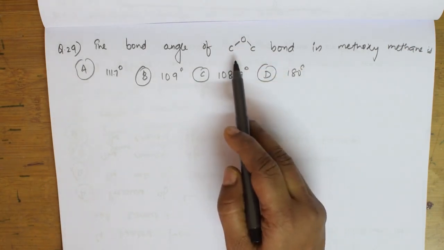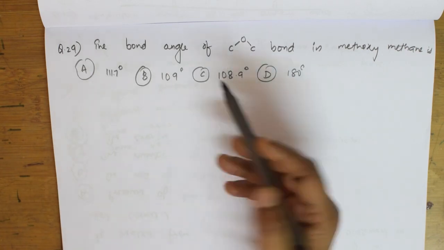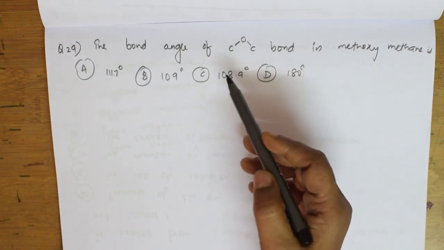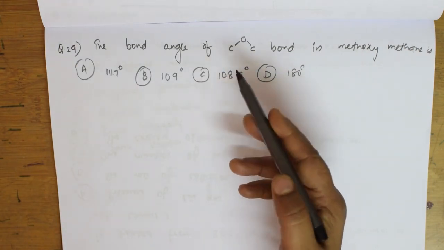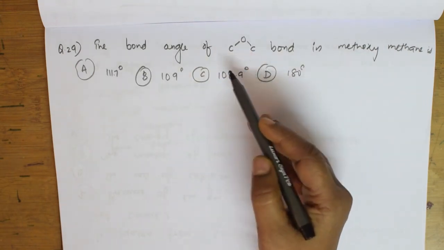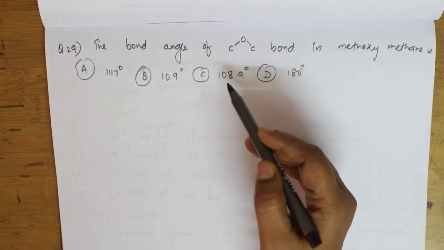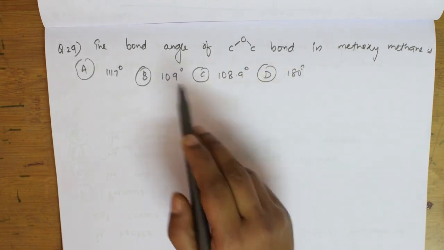To minimize the electron pair repulsion, they align themselves giving a tetrahedral structure, 109.5. But according to VSEPR, it is 109.